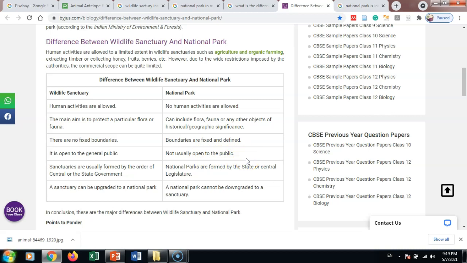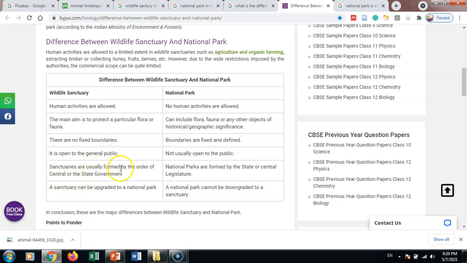It does not mean it is closed to the public, but not usually. The words not usually are important because there are some rules, regulations, restrictions and environmental acts, and according to the IUCN guidelines also, in case of a national park it is usually not allowed for the general public, while a wildlife sanctuary is open to the general public.